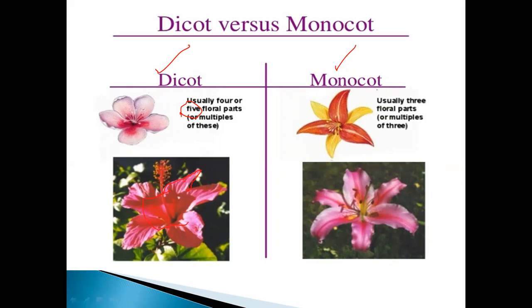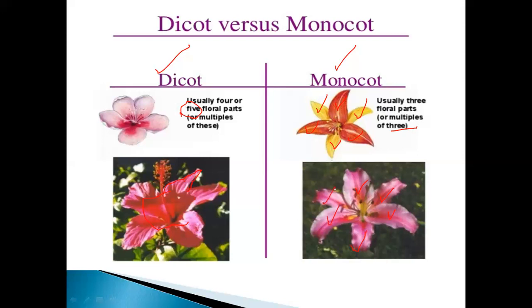If we see monocotyledonous plants or flowers, they are usually multiples of 3 floral parts. For example, this is 1 petal, 2 petals, and 3 petals, and also it has 1, 2, and 3 sepals, all multiples of 3. Like this, you can see 1, 2, 3, 4, 5, or 6.